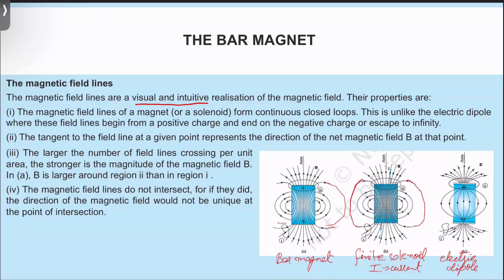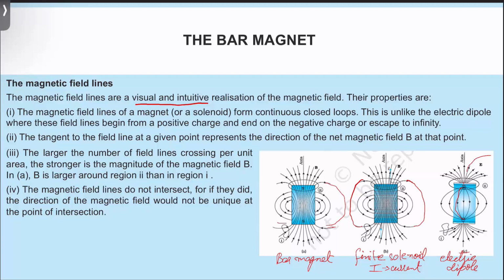But for an electric dipole, the field lines only move from the positive charge to the negative charge. You can see over here, from the positive charge they start flowing out. At very large distances, if you go to infinity, they will not join anymore.